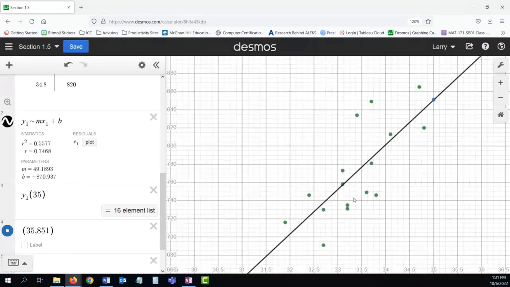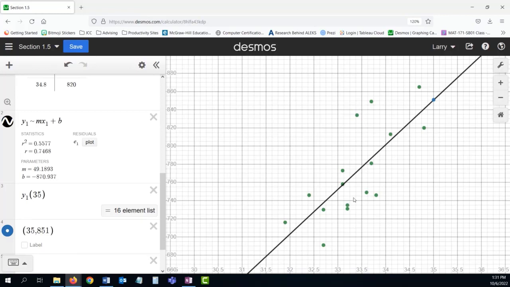Mathematically, it takes every point on the graph and finds the distance between the point and the line, and then it creates a square where the top left touches the point and the bottom right touches the line, or if I'm down here, the top left touches the line and the bottom right touches the point.